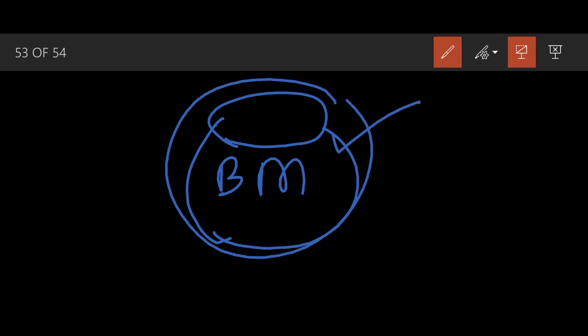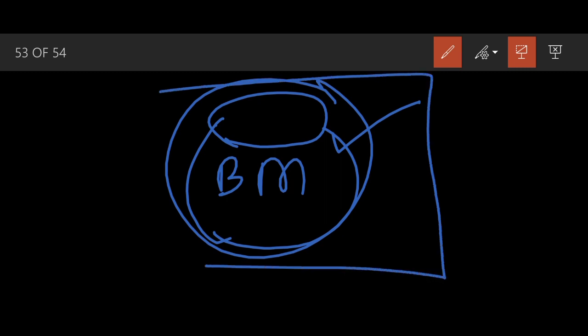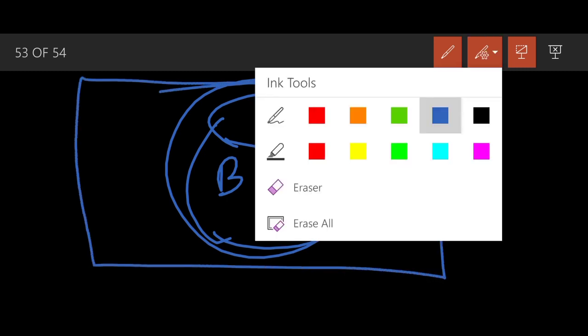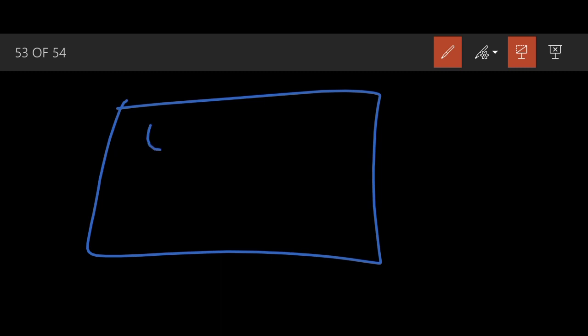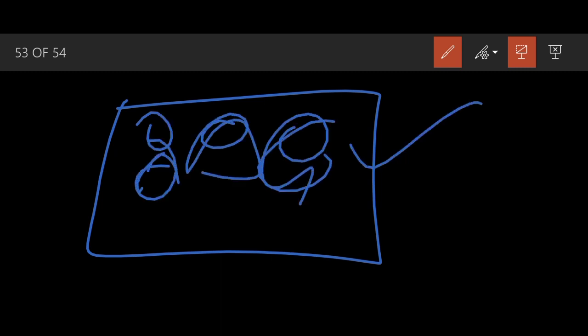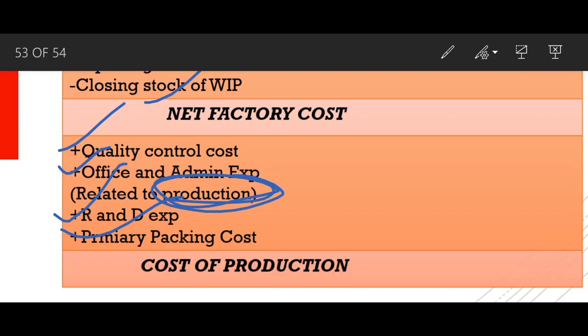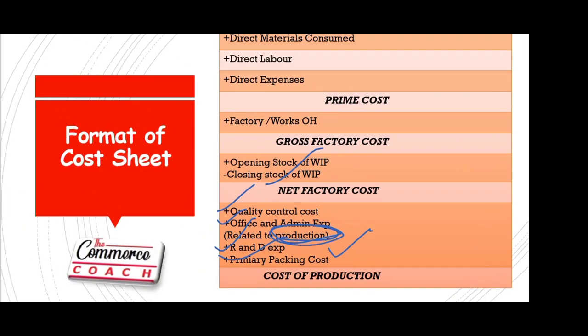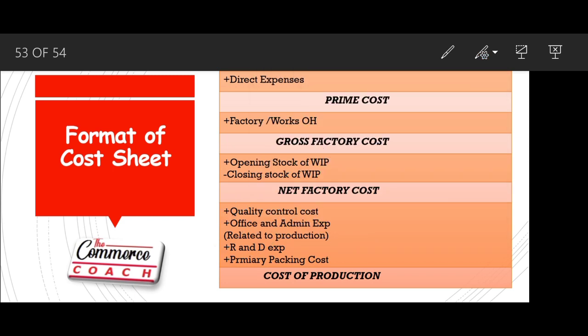The pot is primary packing and it will not be delivered one only. In a box there will be many of them. So this box will be secondary packing. Now you have understood primary packing and secondary packing. So primary packing cost will be added here and the secondary packing cost will be added somewhere else. Okay, now we have done till cost of production.